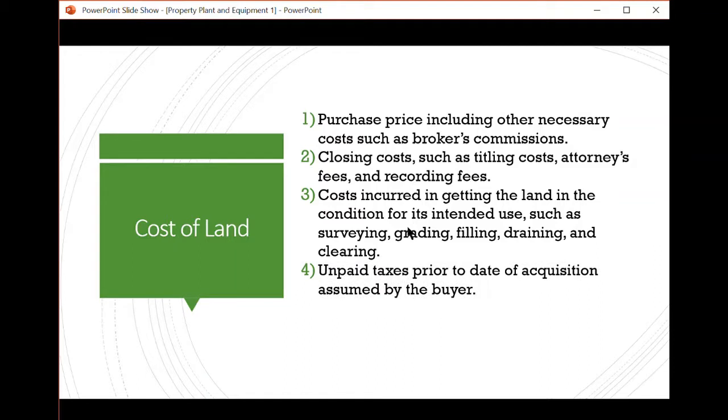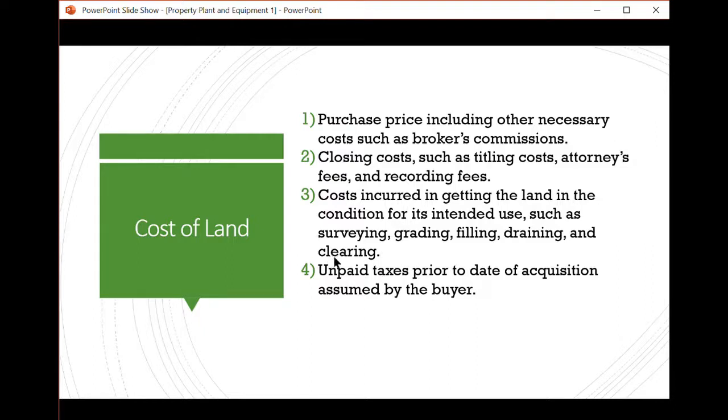Then, unpaid taxes prior to date of acquisition assumed by the buyer. You have to take note that it should be assumed by the buyer, meaning the buyer pays those unpaid taxes, because you cannot transfer the property if the taxes are unpaid.